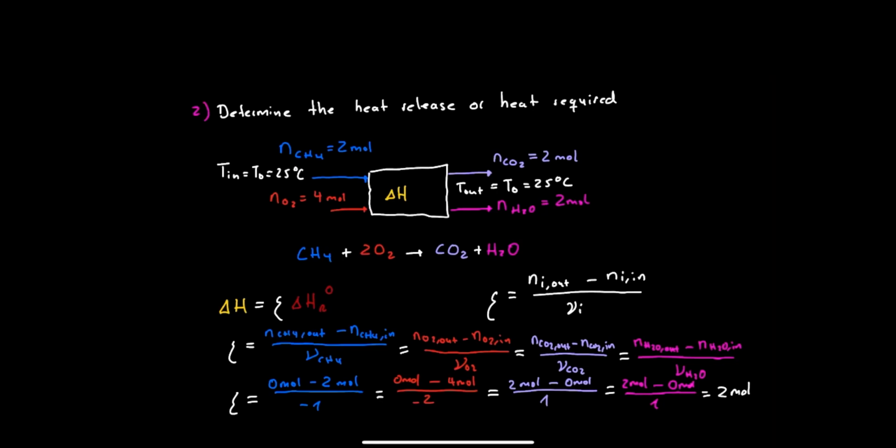And because it's exactly the same for every species i, we can say that we have a stoichiometric reaction in this case. And because it's a stoichiometric reaction, we can use this formula to determine the heat release or required.